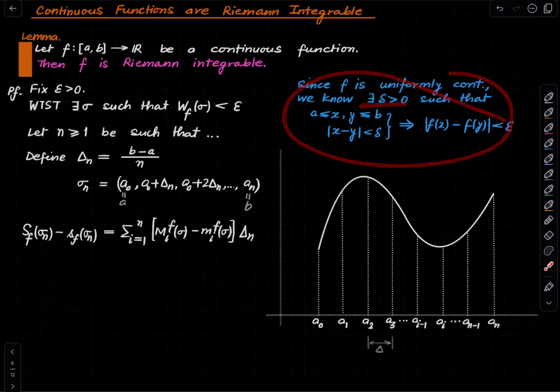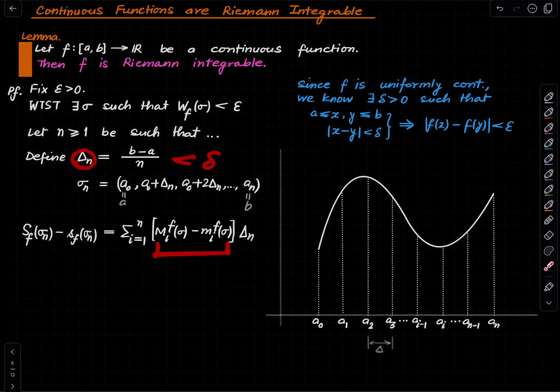So that's immediate by the uniform continuity of the function. Any continuous function on a closed interval is uniformly continuous. So we have that, and now if this delta n is smaller than little delta, then this will be at most epsilon, right?